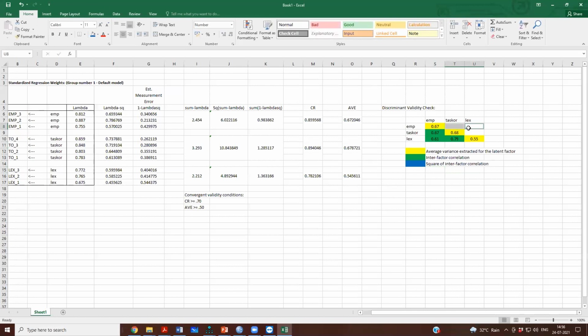Right, so this becomes your square of, so let us now compute the square of the interfactor correlation.